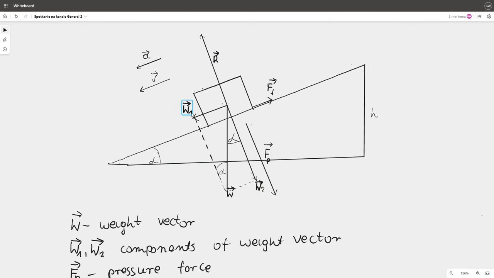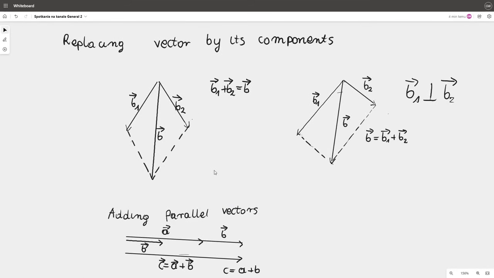The first is parallel to the ramp and the second is perpendicular to the ramp. The effect of these components is the same as that of weight, W. Components of the vector don't have to be perpendicular, but usually they are.